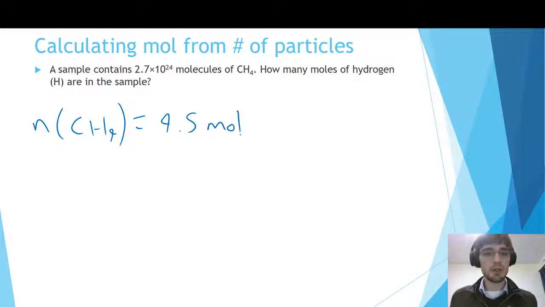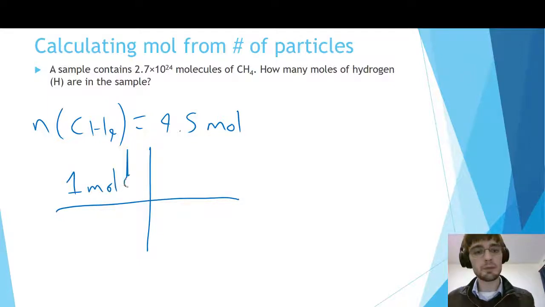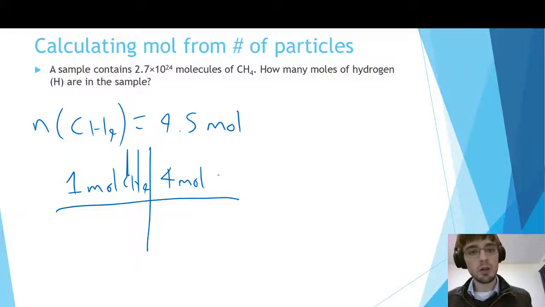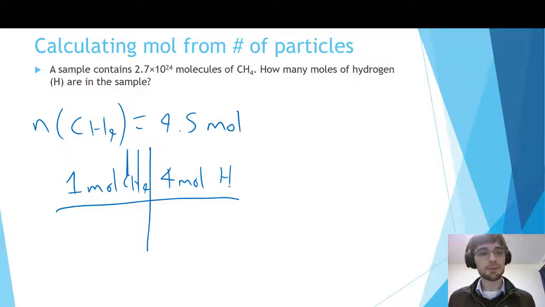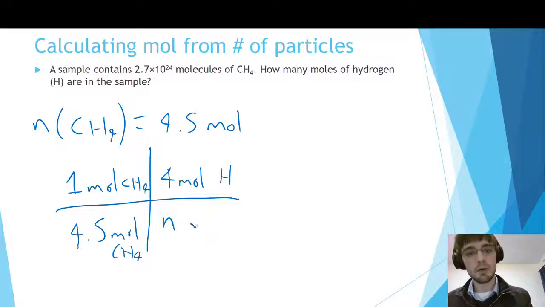I'm going to do another cross proportion. I'm going to say that for every 1 mole of methane, I have 4 mole of hydrogen. In the same way, if I have 4.5 mole of methane, then I have N mole of hydrogen.